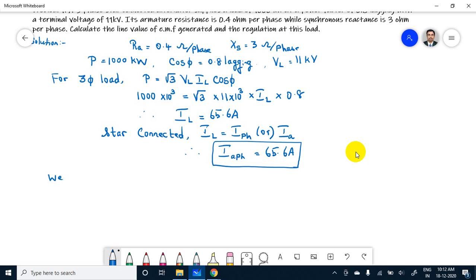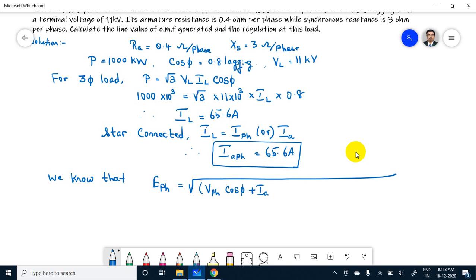We know that the EMF generated per phase, E phase equal to square root of (V phase cos phi plus IA RA) whole square plus (V phase sin phi. This is lagging power factor.